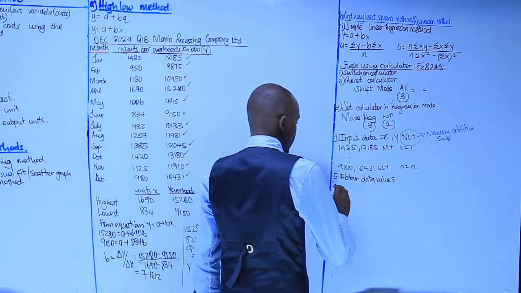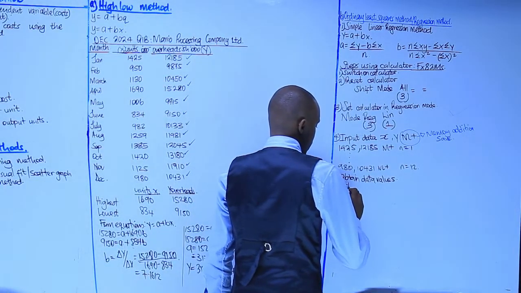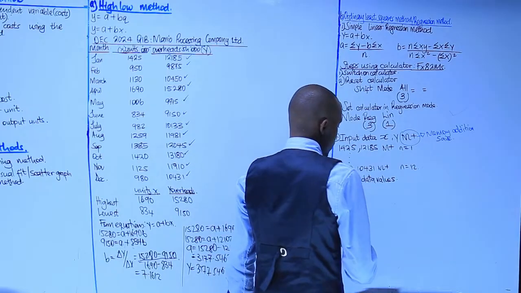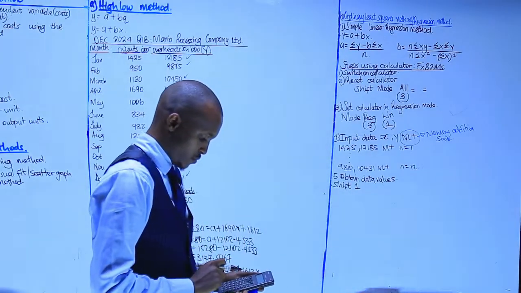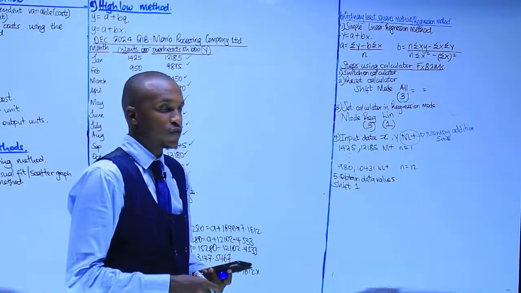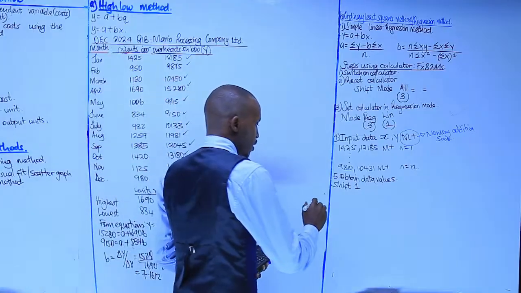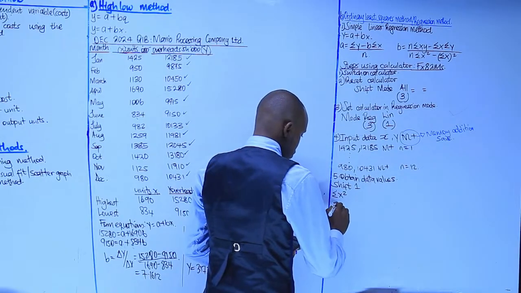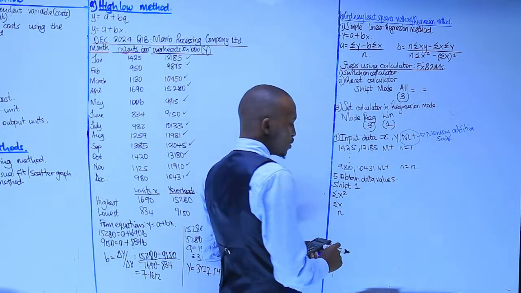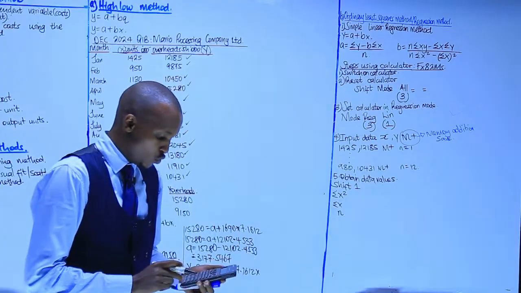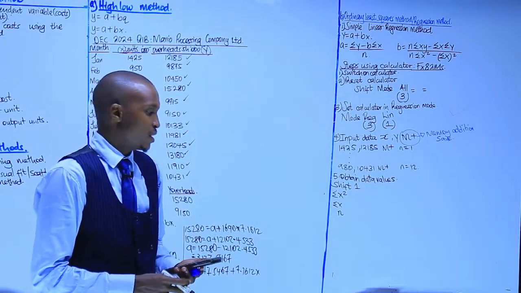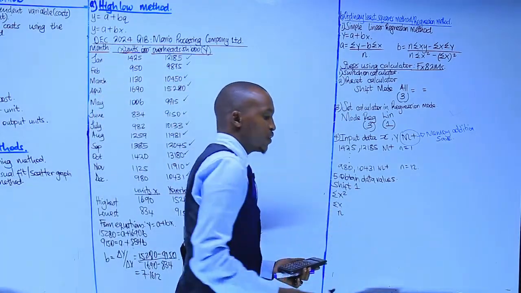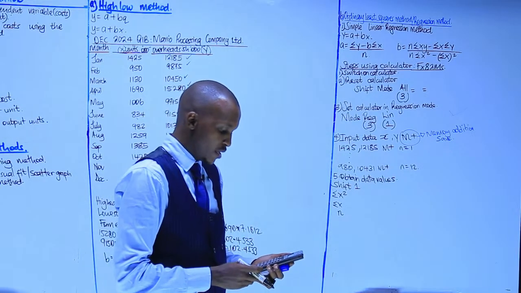You simply press shift 1. On the first screen, there is the summation of x squared, the summation of x, and n. To select any value, you press the number below it. For example, when I want the summation of x squared, I press 1, then equals.